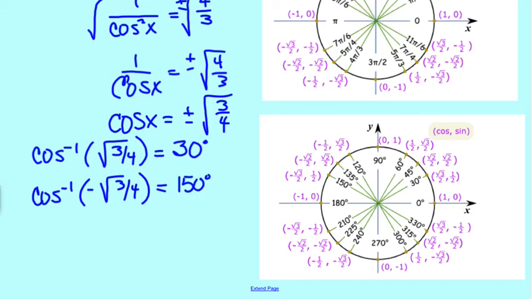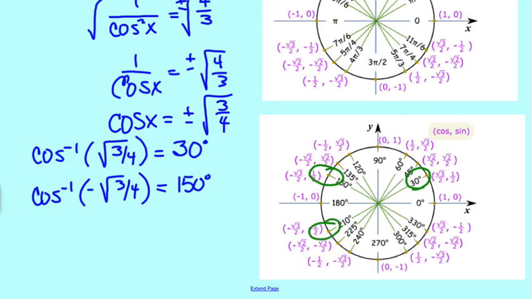So I want to show you these two places here. The answers 30 degrees and 150 degrees are our two places. Do we have two more places that we get a positive cosine and a negative cosine?